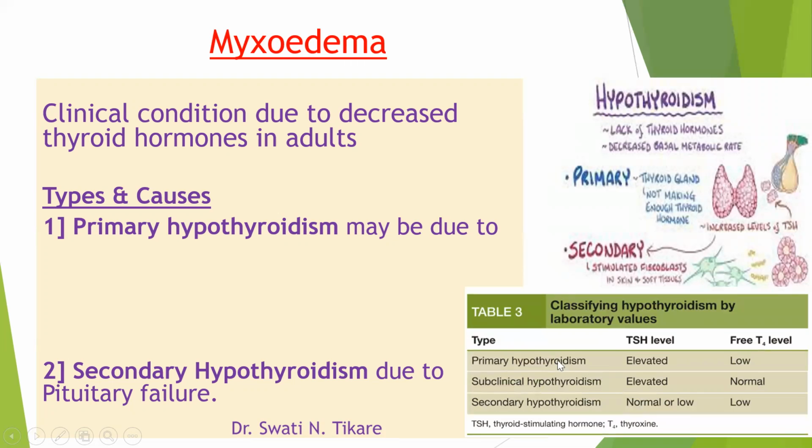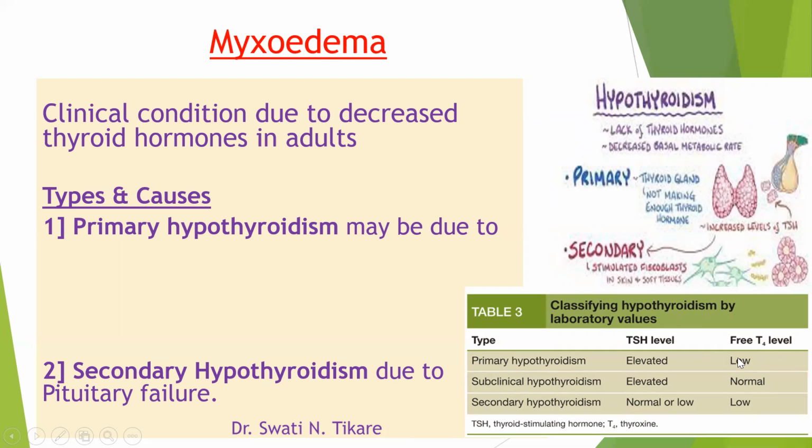So let's also try to understand what the thyroid function tests will be in primary hypothyroidism and secondary hypothyroidism. See this first panel here, that is primary hypothyroidism. What did we say? The problem lies in the thyroid gland. So first here is the TSH level, the next is the free T4 level. This could be T3 or T4 level.